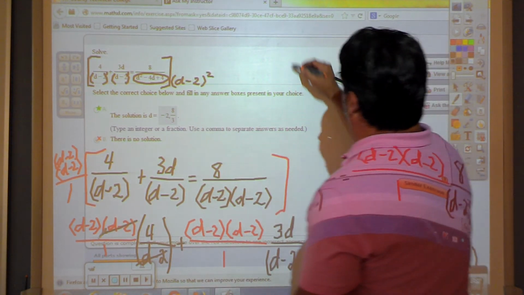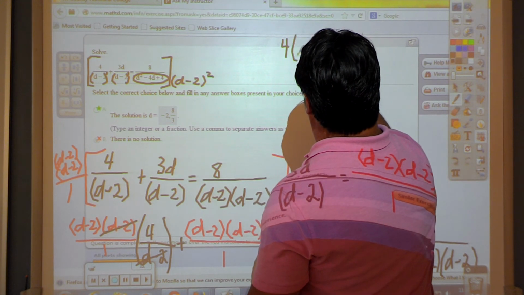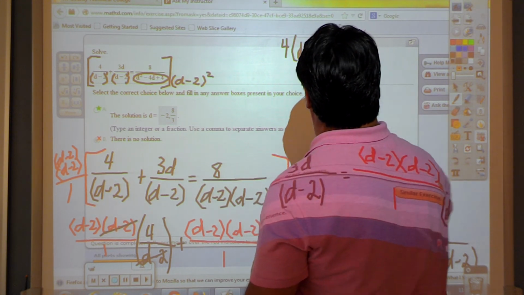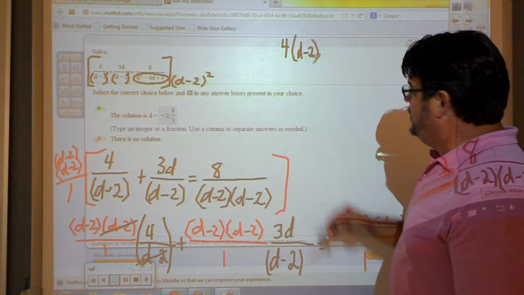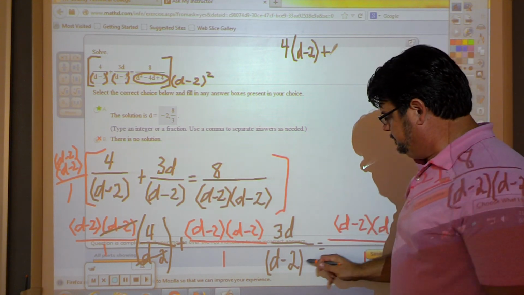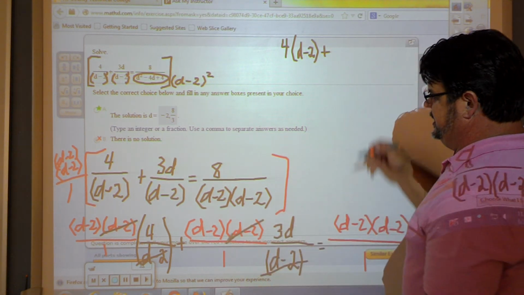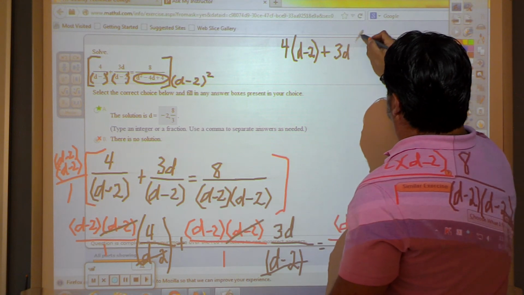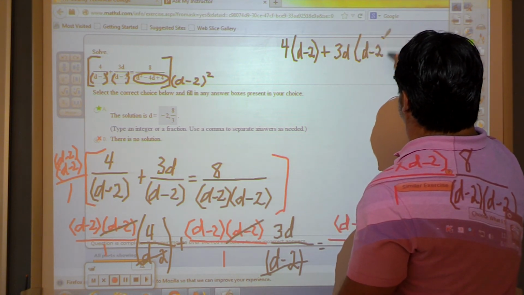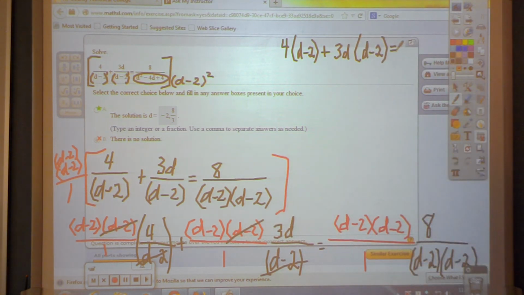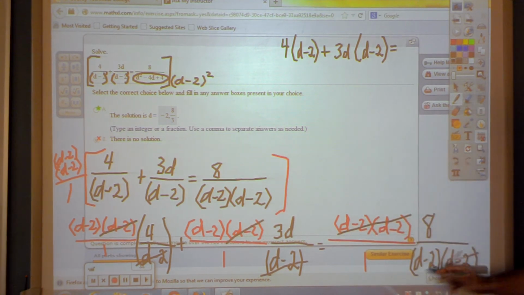And that leaves you with 4 times D minus 2 plus 3D times D minus 2 is equal to 8.